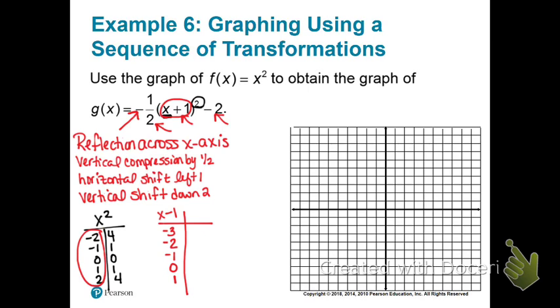Now, that means everything else is going to affect my y's because they're not inside. So for my y's, we have this negative 1/2 times, and we have minus 2. Which one do we do first? Do we multiply or subtract first? Does y do the opposite or does y do what it's supposed to?